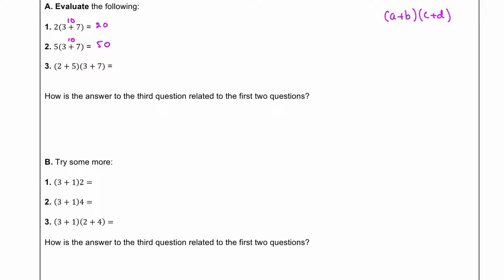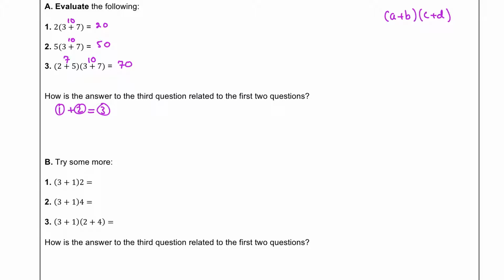And 3 plus 7 again is 10, and 2 plus 5 is 7, and 7 times 10 gives me 70. If I look, I can see that if I add the 20 plus 50, I will actually get 70, so I could write that in. So 1 plus 2 is equal to 3.